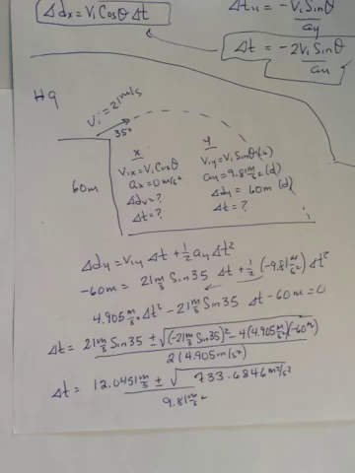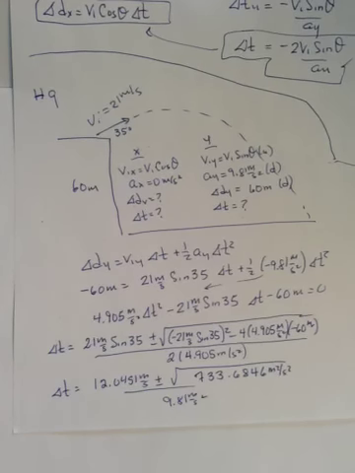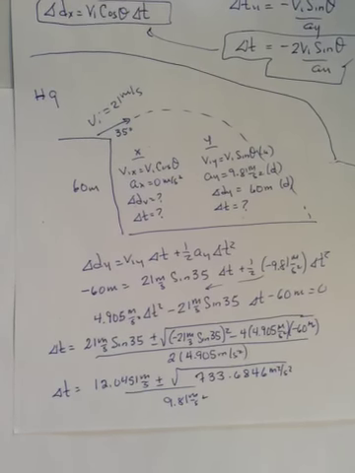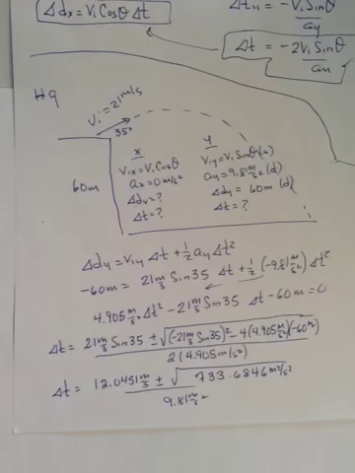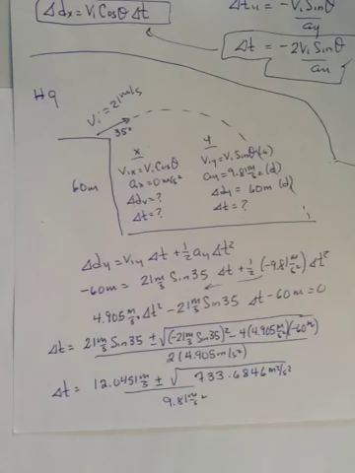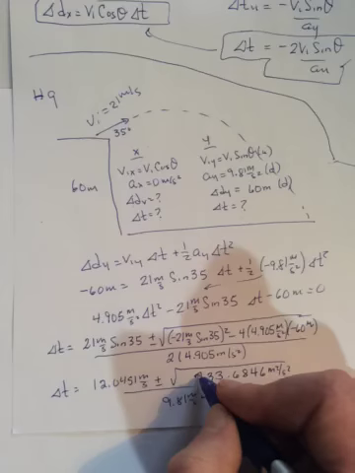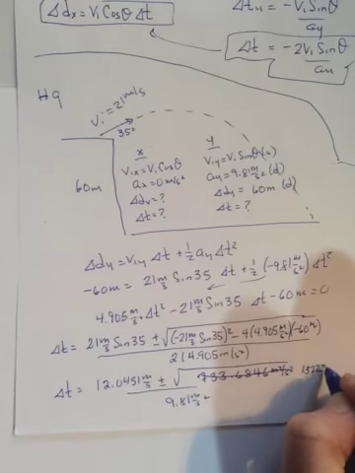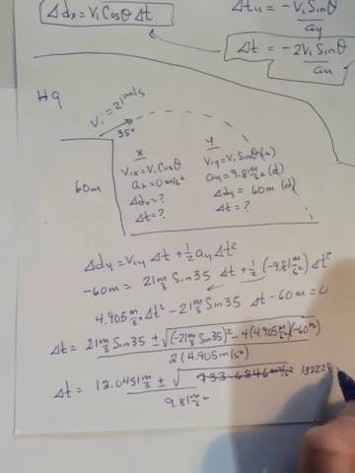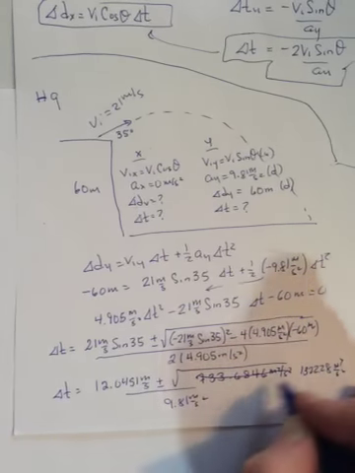21 times the sine of 35 squared plus brackets 4 times 4.905 times 60. Yeah, I did. Ignore this number. You get 1322.28 meters squared per second squared.